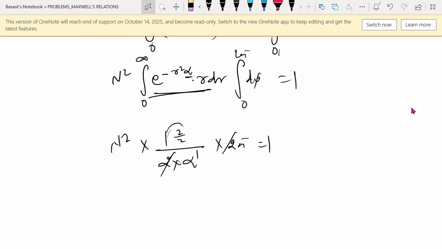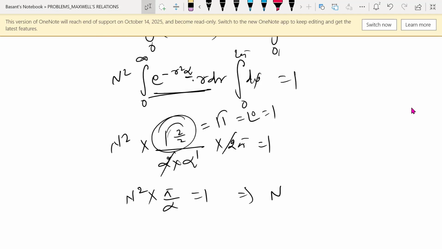This is equal to gamma 1, and gamma 1 is factorial 0, and factorial 0 is 1. So by solving this, we get N square into pi by alpha is equal to 1, and this gives N equal to root under alpha by pi.